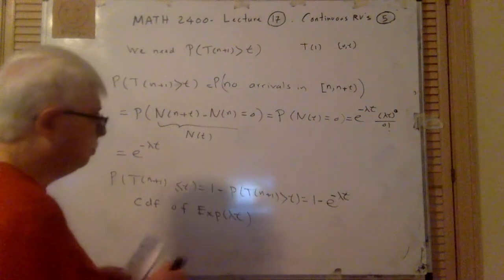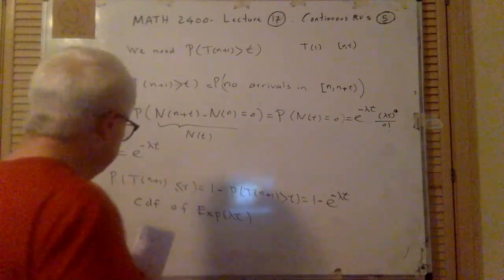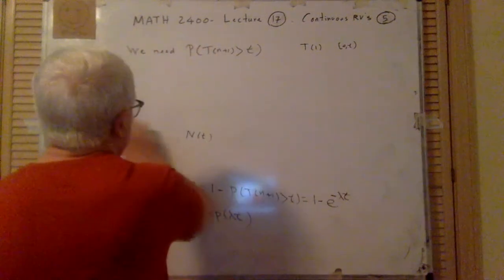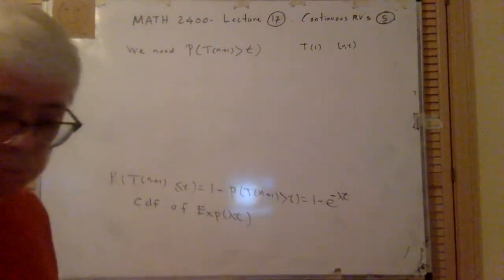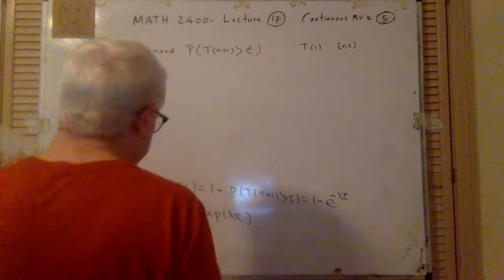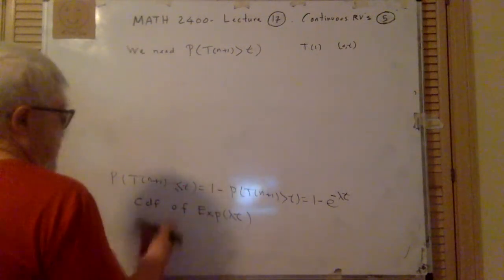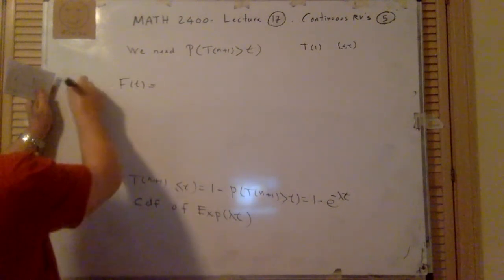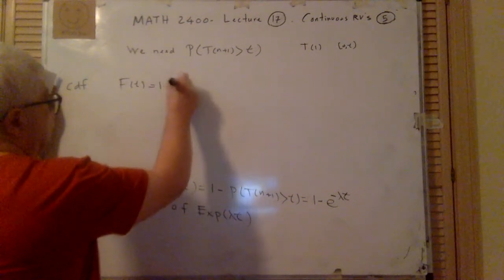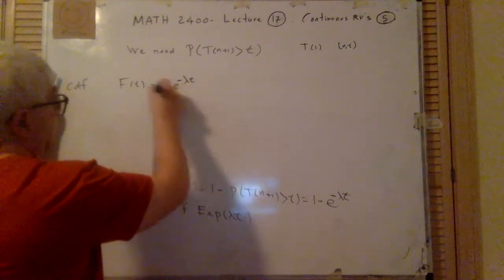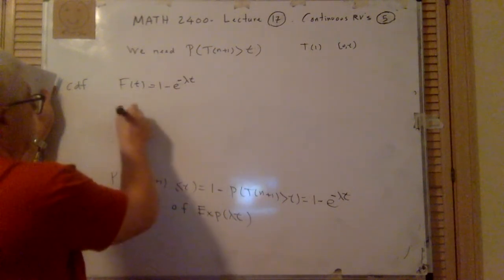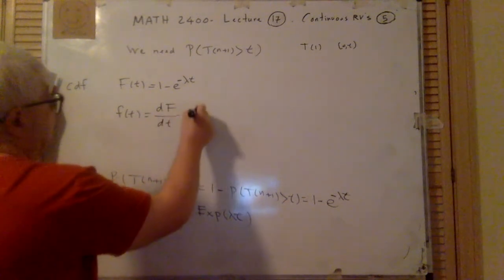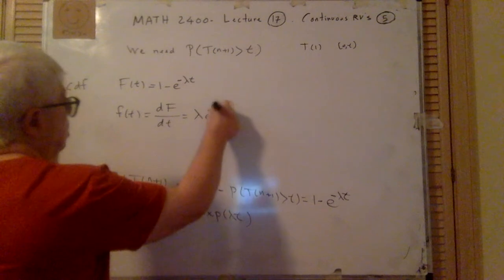And this tells me that if you look at the PDF, the CDF is 1 minus e to the power minus lambda t, and we have a continuous distribution. f of t is the derivative of this, dF/dt, and that is lambda e to the power minus lambda t.